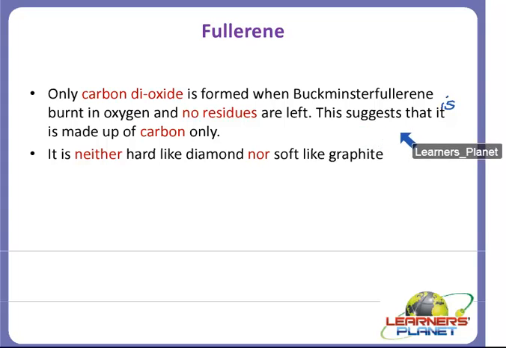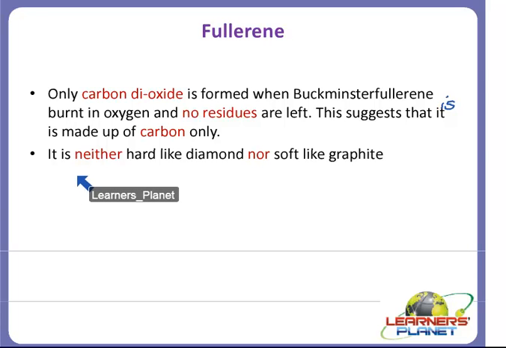That's it. Now this suggests that it is made up of carbon only, right? Like your graphite. If you burn graphite, you'll get only carbon dioxide. Nothing else you'll get. So it is again an allotrope of carbon. Now I told you, it is an amorphous allotrope of carbon. I am telling you repeatedly whether it's amorphous or crystalline.